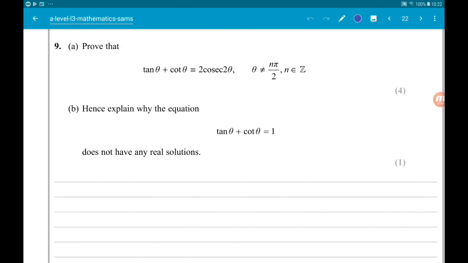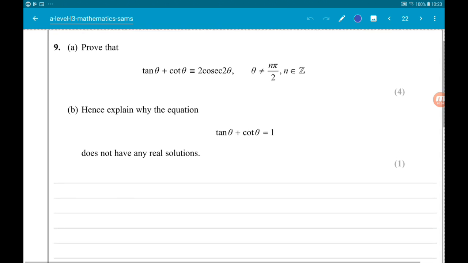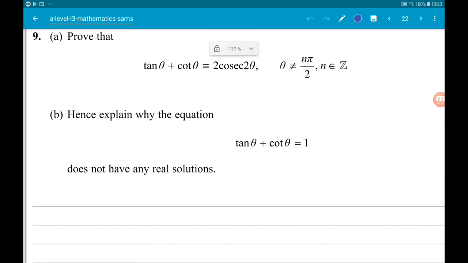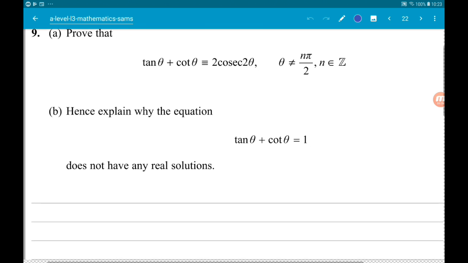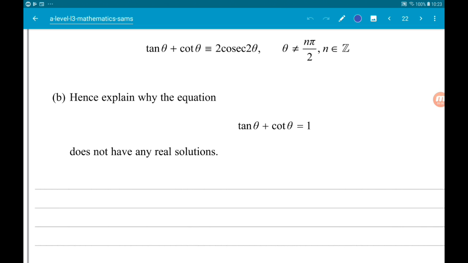Okay, number 9 wants us to prove that tan theta plus cot theta is identical to 2 cosec 2 theta, where theta is not equal to n pi over 2, where n is an integer. Okay, so let's start with the left hand side.